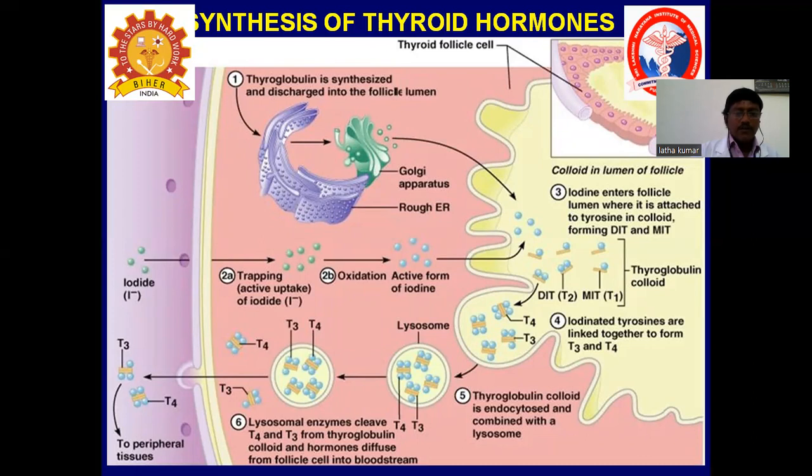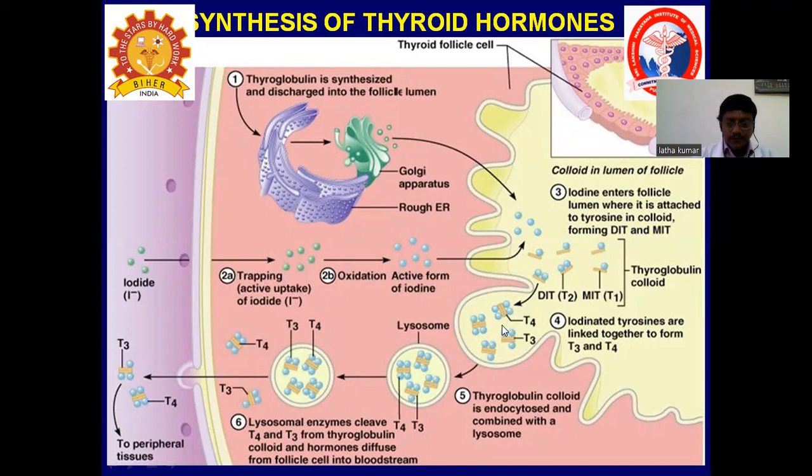When the blood comes near the thyroid gland, near the follicle, the iodide is taken up in the second step called iodide trapping. That iodide will enter inside the follicle. After that, it gets oxidized to form the active form of iodine. This active form of iodine forms diiodotyrosine and monoiodotyrosine. Two diiodotyrosine join to form T4, one monoiodotyrosine and one diiodotyrosine join to form T3.